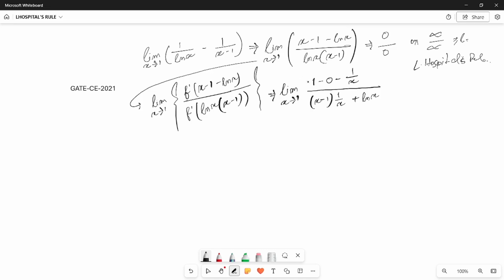Now you can do one thing, put the value of x here. Here you can see this is 1 minus 0 minus 1 by 1 means 1, so the upper function is 0, and here also 1 minus 1 is 0, and this again turns into 0 by 0, which is not solved. What we need to do right now, we have to go for f double dash.